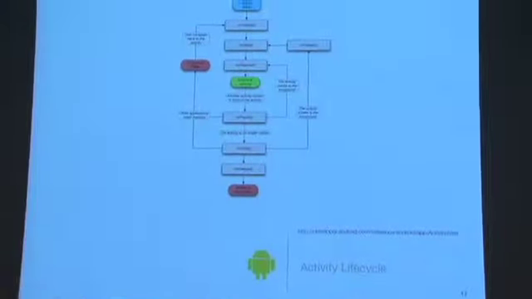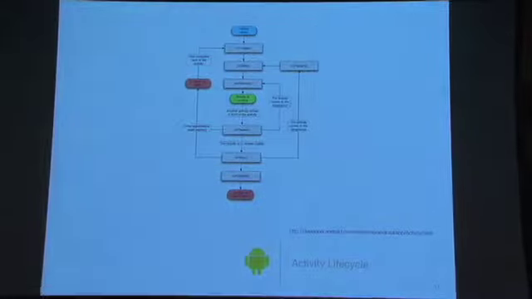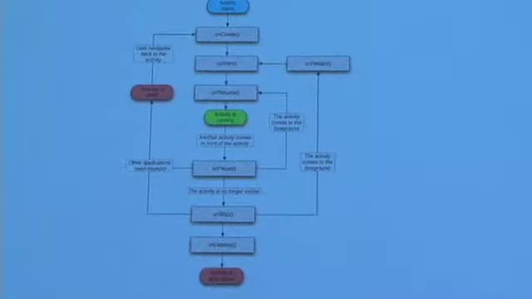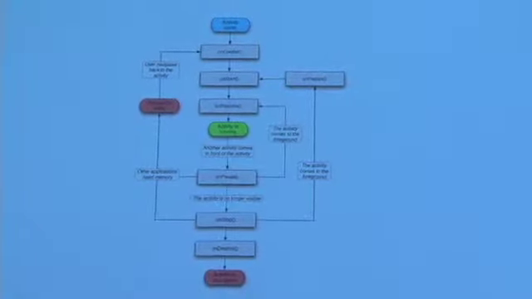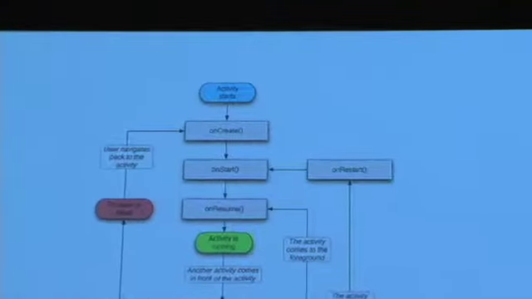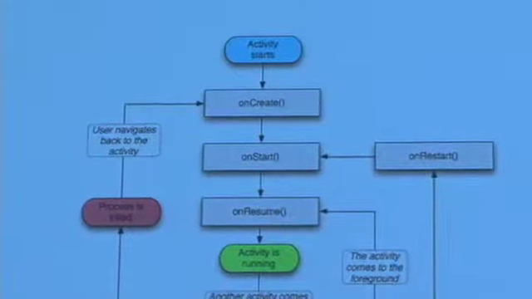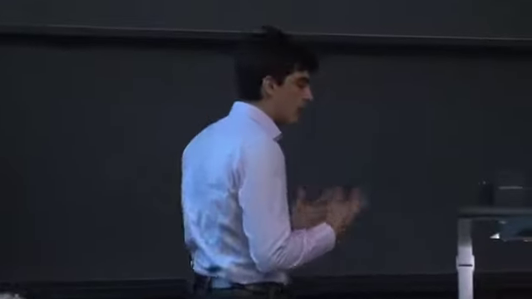But there's these other aspects of the life cycle that are important as well. It brings us back to this diagram, which I showed earlier today, but we really didn't talk about it, and we'll go into more detail now. And that is what exactly happens to an activity as a user interfaces with an application. So when an activity starts, that probably means, at least in the context of our very simple Hello World application, that the user has started that app, or rather more correct perhaps, the Hello World task.